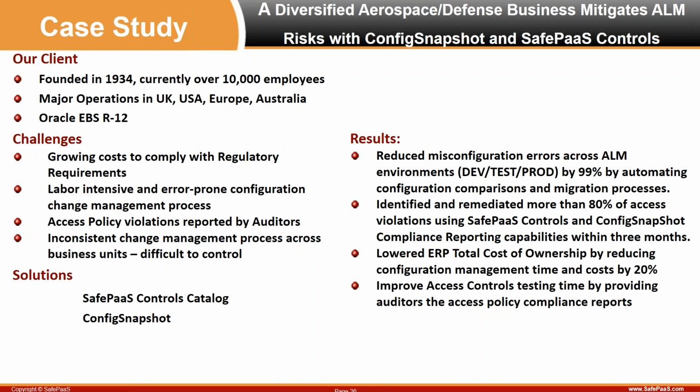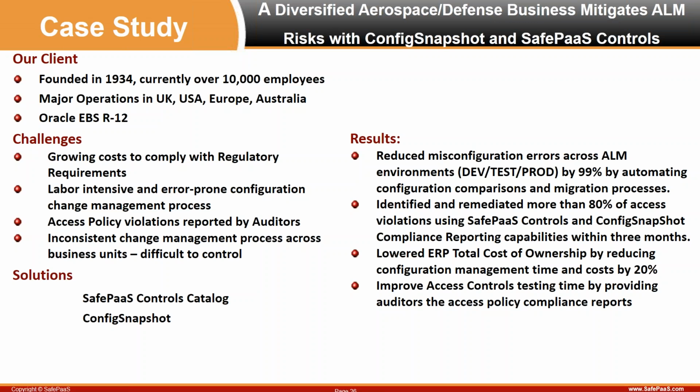So by having our solution in place, they're able to really automate that misconfiguration process, or reduce the risk by automation through ALM controls. So 99% plus of their work is performed through automation. They have been able to identify and remediate their access controls very quickly, as you can see with some of the results and findings.